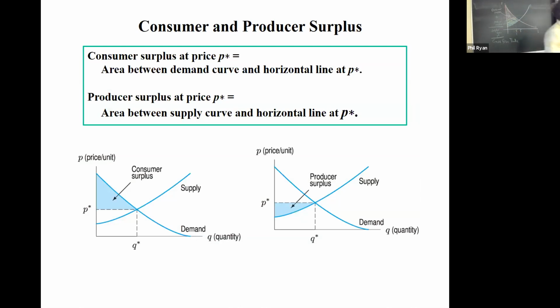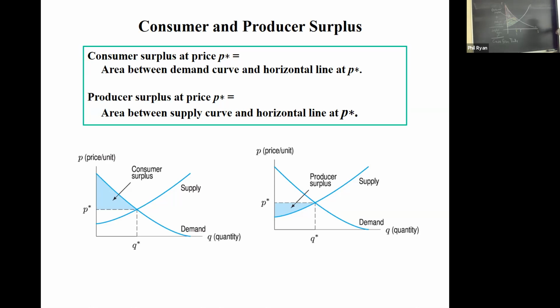Okay, and so this is what I explained before. What we're doing is getting towards the mathematics here, right? We're going from the economics to the mathematics. So the consumer surplus at this price is the area between the demand curve and the equilibrium price.